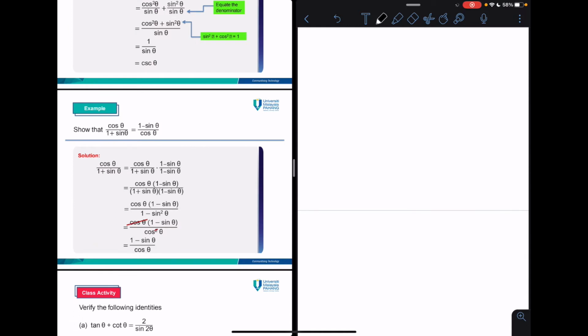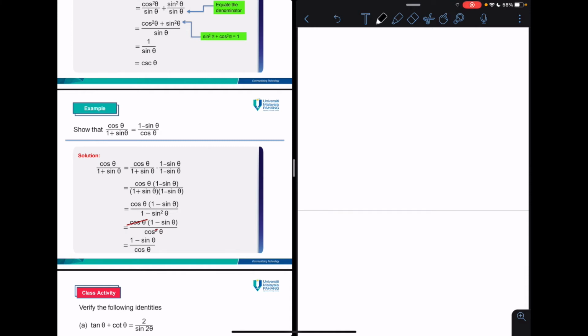As mentioned earlier, the trigonometric identities are useful whenever expressions involving trigonometric functions need to be simplified. As you can see on the left part of my presentation, the author tried to show that the left hand side is equal to the right hand side.